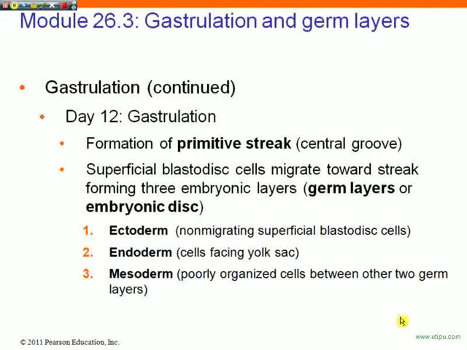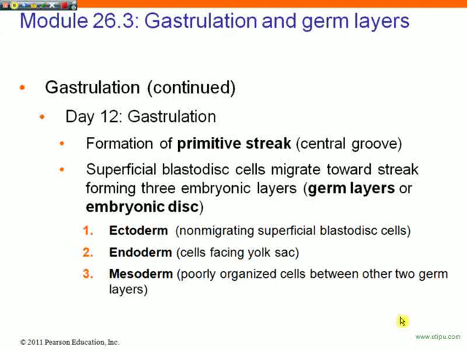And if you look at this in your book on page 951, you see what features each of these layers produces.